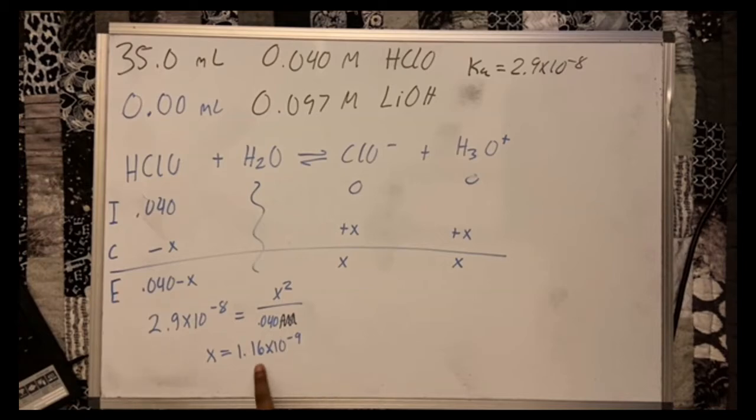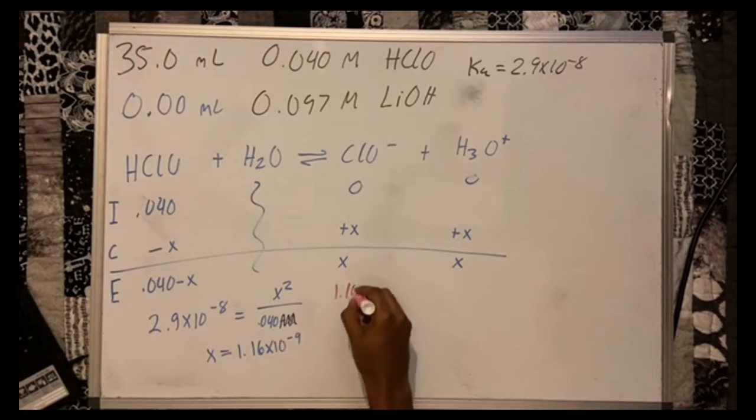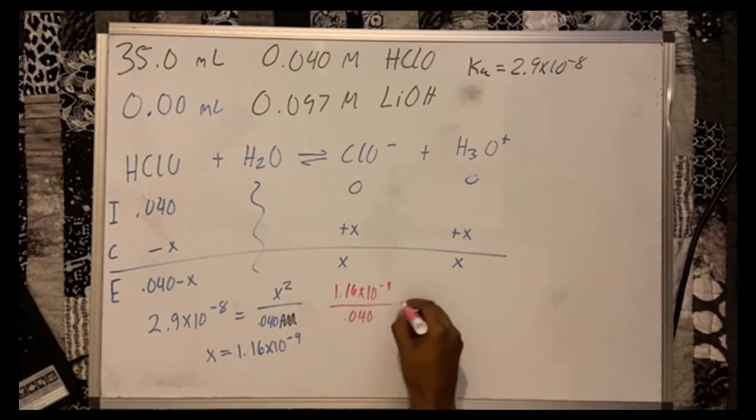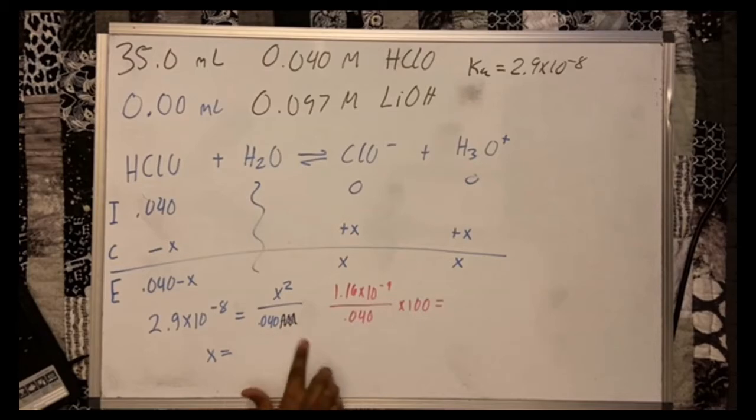First I should check it. I need to make sure it's less than 5%. So 1.16 times 10 to the negative 9 over 0.040 times 100. Oh, take the square root. There you go. See, told you I mess it up. Dang it. Always do it. I should have thought that number was kind of small. Thanks, Shania. There we go. Got excited.